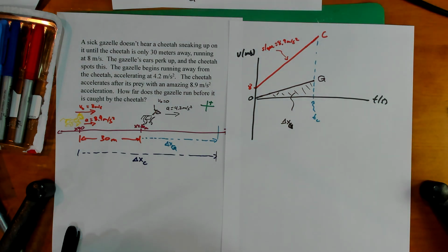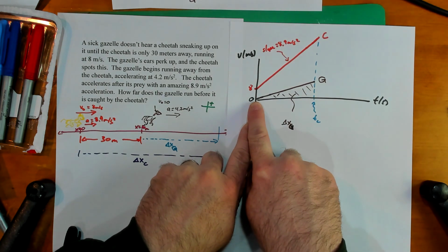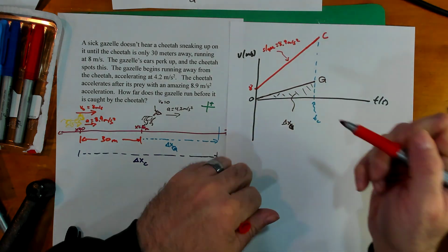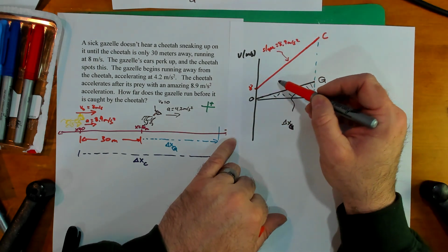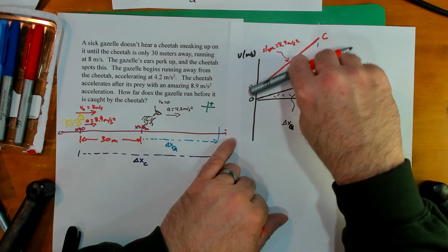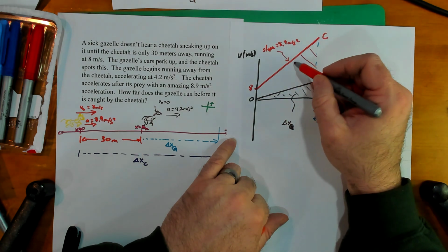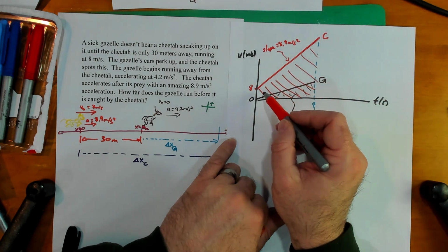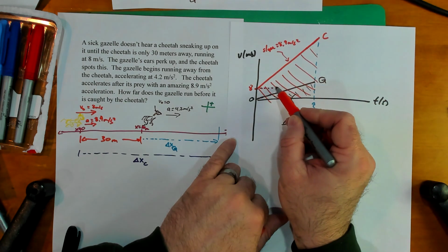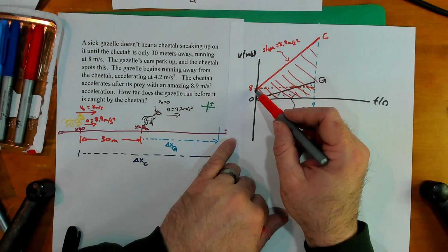That area in this case is a triangle because it starts from a velocity of 0. On the other hand, the cheetah started off already moving at 8 at time 0. So its area, again, we always want to go all the way from the line to the time axis. And so that cheetah's displacement is not a triangle, it's actually a trapezoid. There is a triangle plus a rectangle.